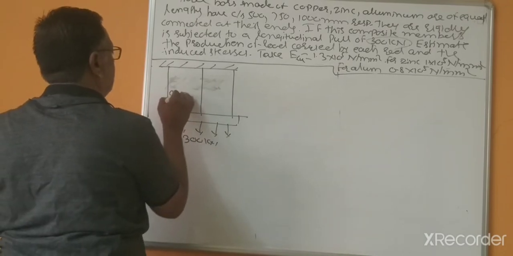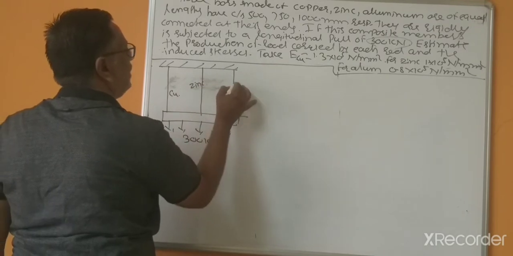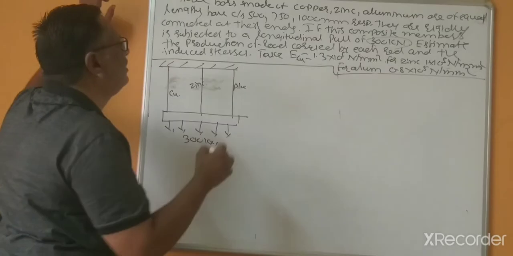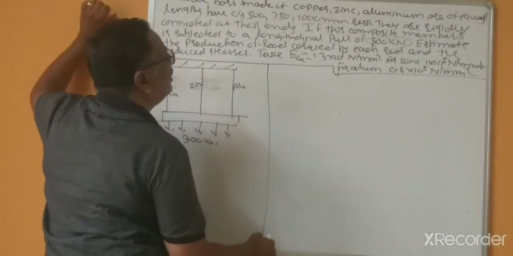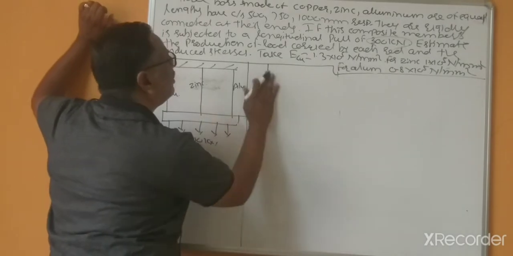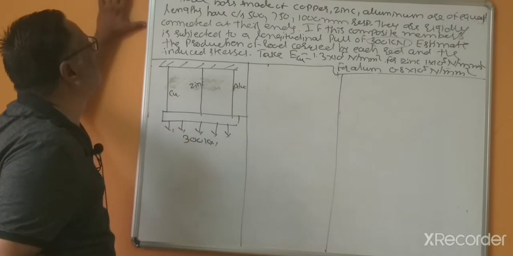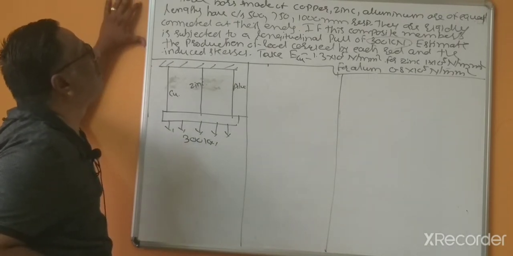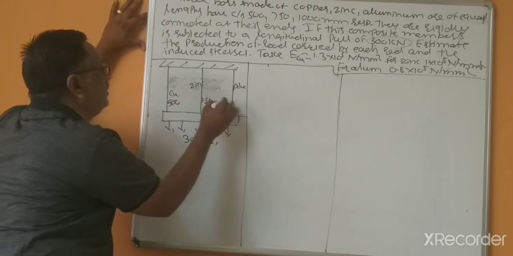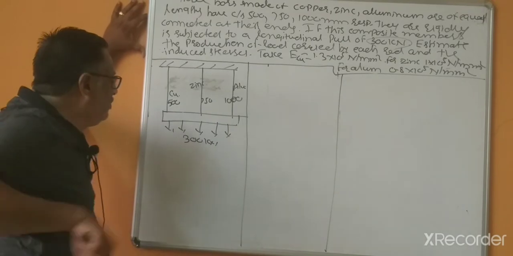This is copper, this is zinc, and this is aluminium, right? Area of cross sections given: 500, this is 750, and this is 1000.